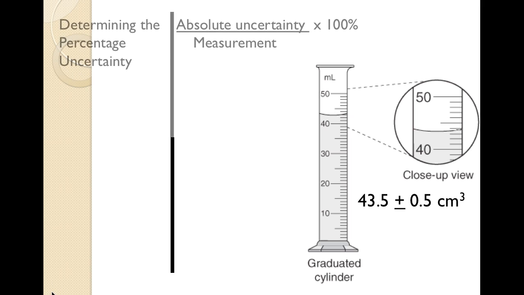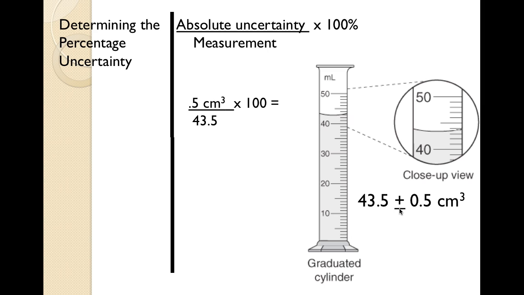When determining the percentage uncertainty, that is merely the absolute uncertainty over the measurement times 100, and that will give you the percentage. Take a look over here: each line is worth 1 centimeter cubed, so half of that would be 0.5 centimeters cubed.